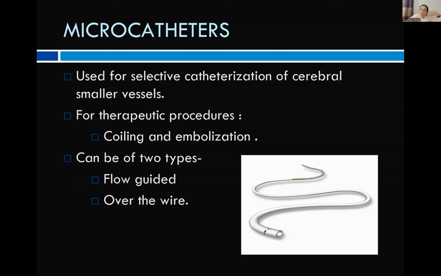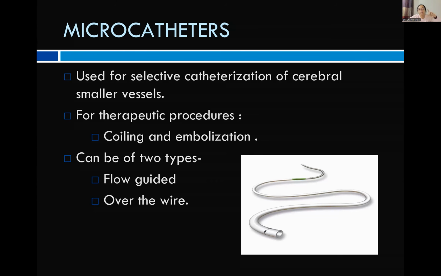And so as we go distally, the caliber of the catheters is going to decrease because the vasculature also decreases in caliber. The vessels become narrower as you go distally. So catheters also have to become narrower if they have to hook those vessels. And also we need longer catheters if we want to hook distal vessels. So microcatheters are usually longer than guiding or selective catheters, and they're also narrower or smaller in diameter.